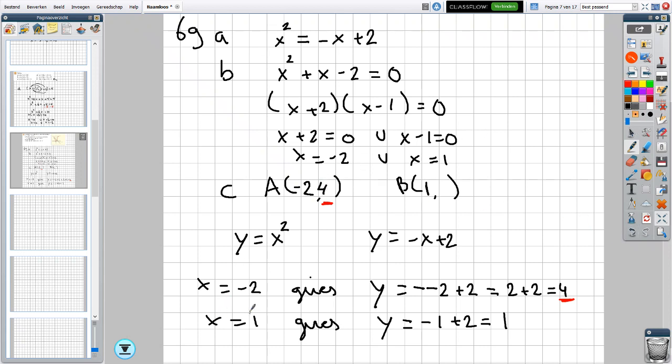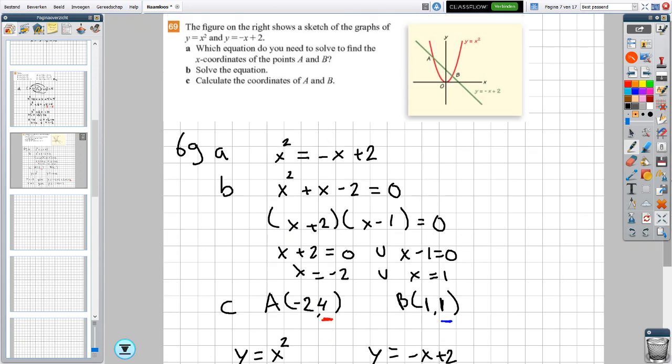If I fill in x = 1, I found y = 1, so that means here this is going to be 1. Okay, so the x-coordinates are those, the y-coordinates are those. So here, if I go back, this point A is going to be (-2, 4), and this point B is going to be (1, 1).